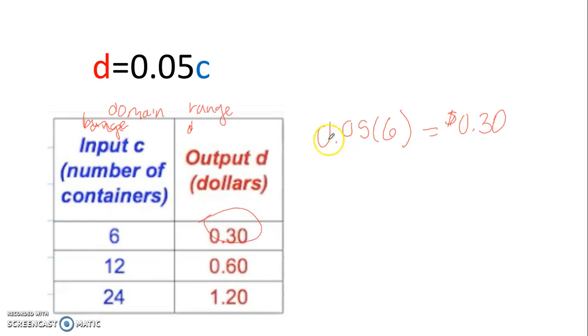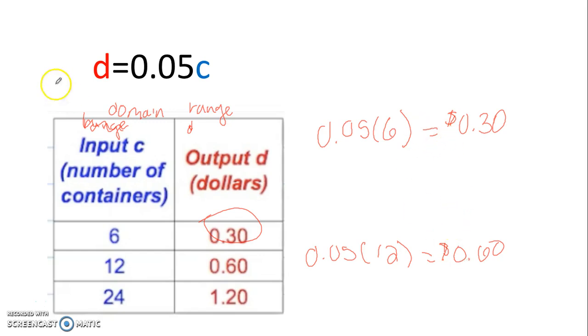For one input, it will only come out as 0.30 every single time that you do this. Same thing with 12. 0.05 times 12 is equal to 60 cents. Every time that you put 12 into this equation, you're going to get out 60 cents. You could continue this table as we go on and on and on.